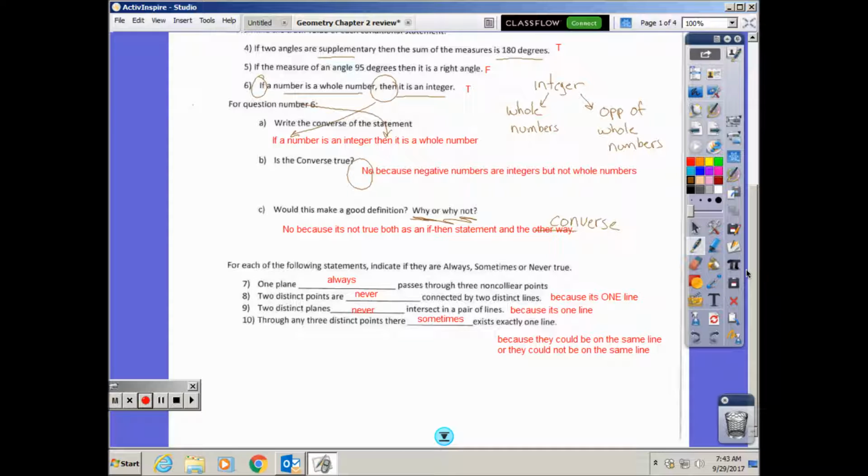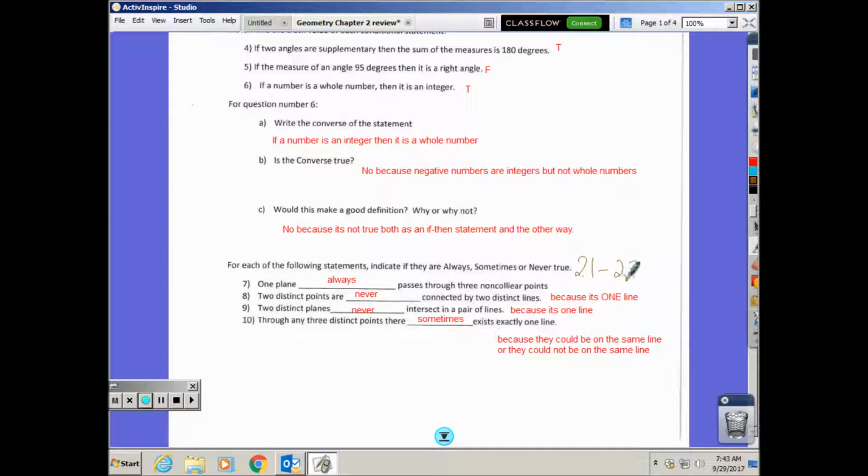For numbers 7 through 10, this is where you want to look at your postulates, 2:1 through 2:7 on that piece of paper. 2:1 through 2:5 talk about points, lines, and planes and how many points are in a line or a plane, etc. 2:6 and 2:7 talk about intersections. So what I would say, and I said this in class, is you look at that paper and then you look here.